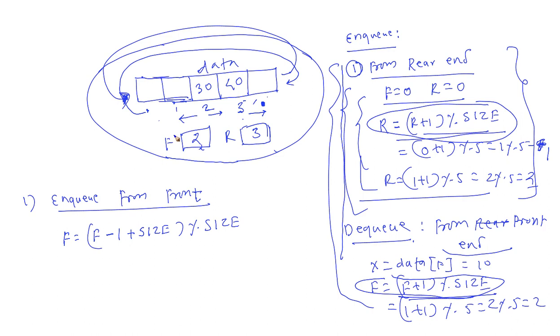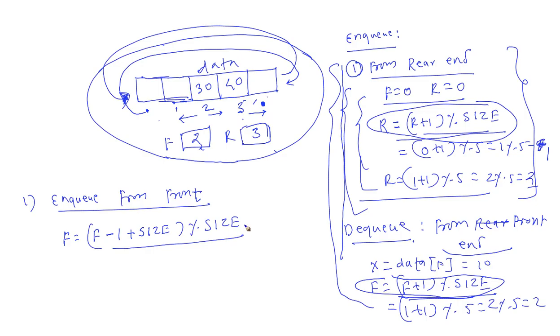Whatever f is, minus 1. This formula is the same as linear decrement till this location, right? But when our f is here, and if we want to decrement f by 1, we should go here, and for that this formula will come into play, right?